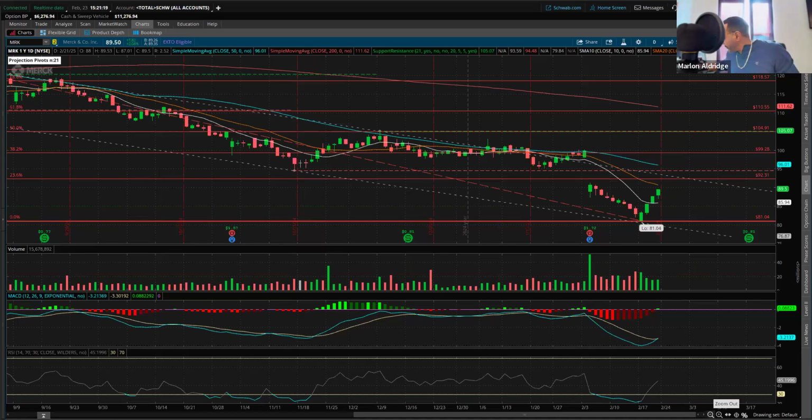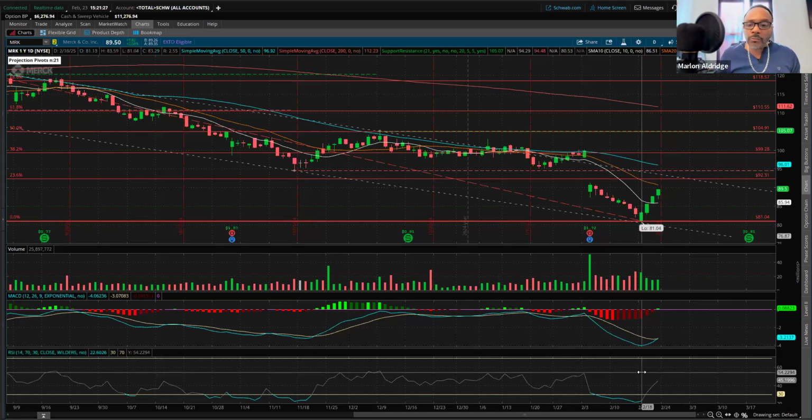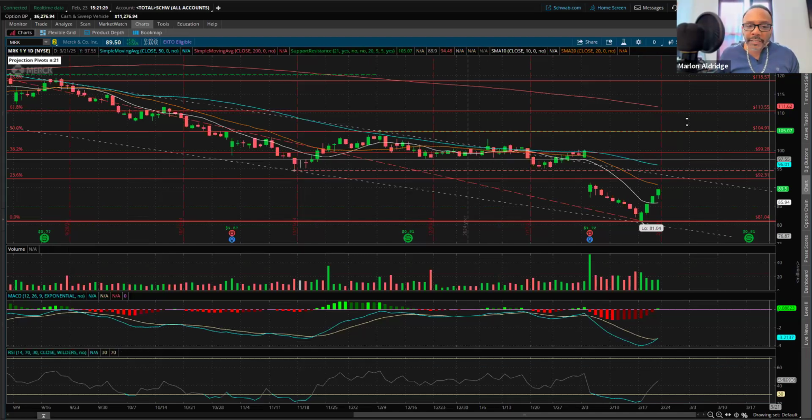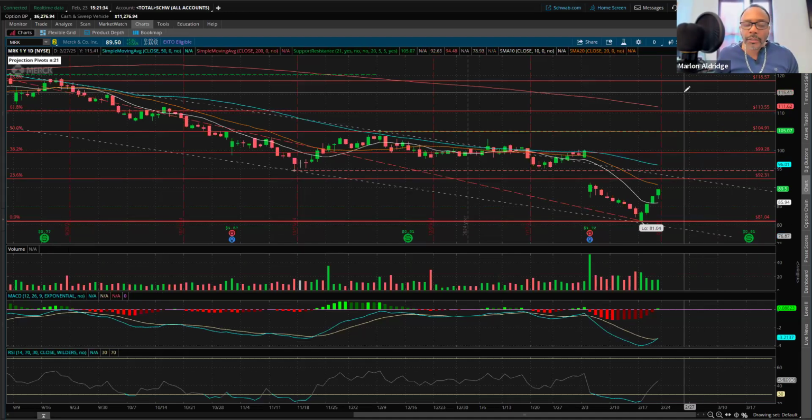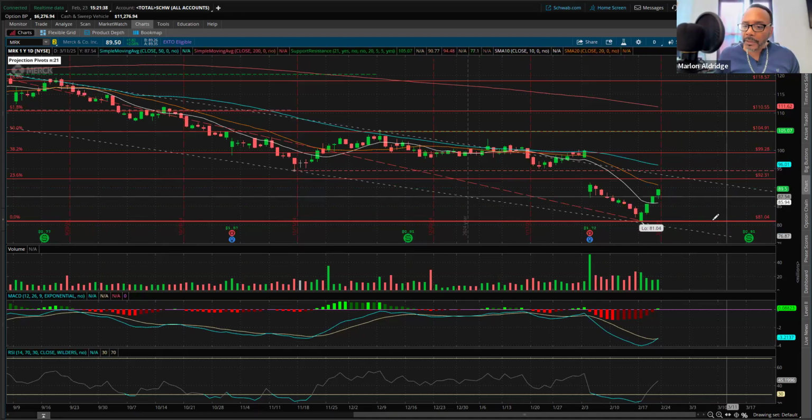Those are the main ones. As a matter of fact, there are a lot of traders who don't even look at those other ones. Those are the ones that are most important, the Fibonacci ratios. Okay.